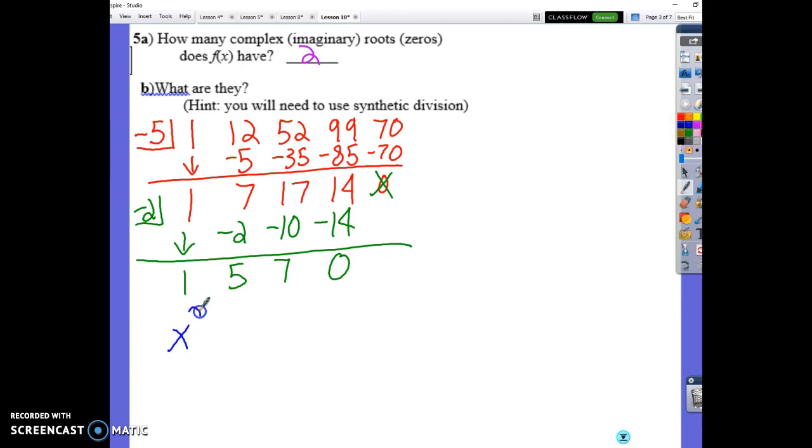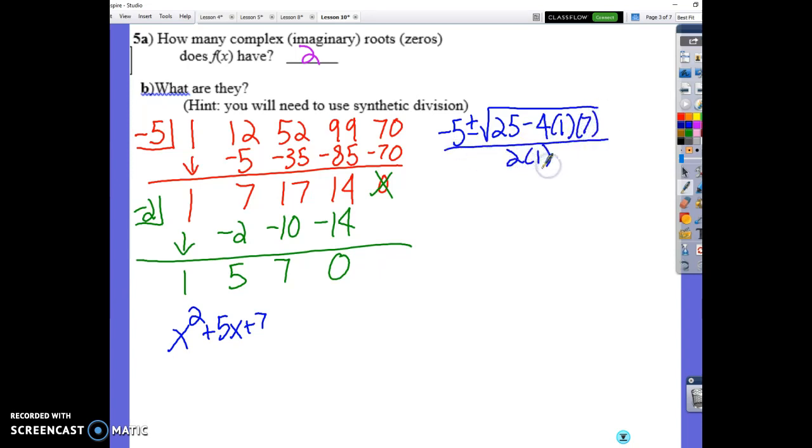So we have left an x squared, because remember that's 2 less than our highest power since we did synthetic division twice, plus 5x plus 7. Now we're going to have to use the quadratic formula to solve this. So we do -b, which is -5, plus or minus the square root of b squared, which is 25, minus 4 times 1, which is a, times c, which is 7, all over 2 times 1.